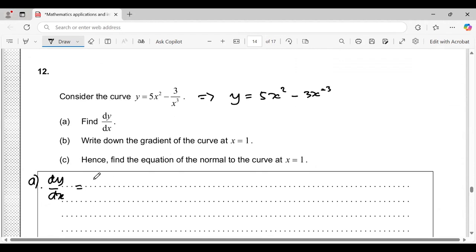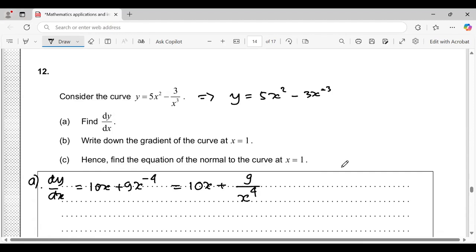So dy/dx equals 10x plus 9x to the power minus 4, or 10x plus 9 over x to the power 4.